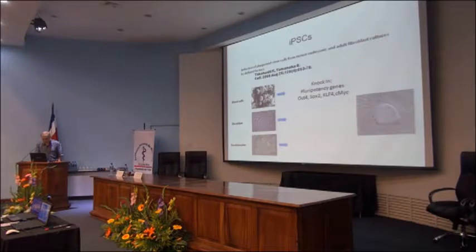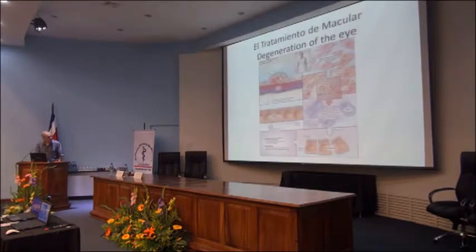And I will just give you one quick example of a recent publication where macular degeneration of the eye, a disease of the elderly where cells of the retina degenerate, was addressed.